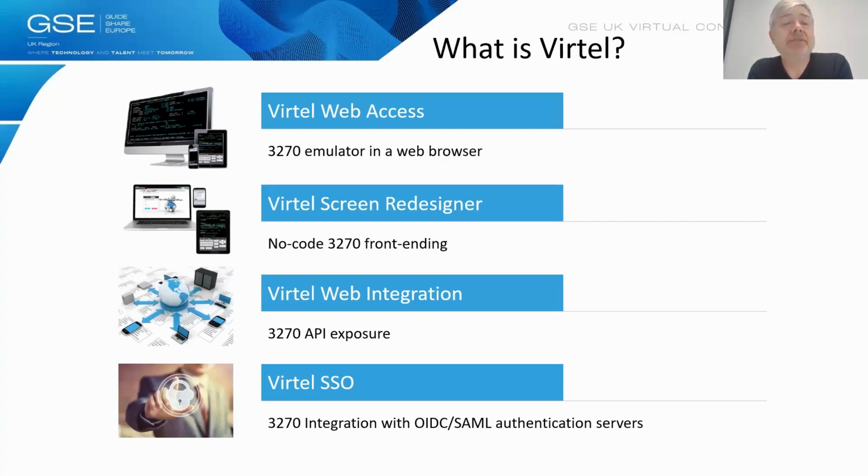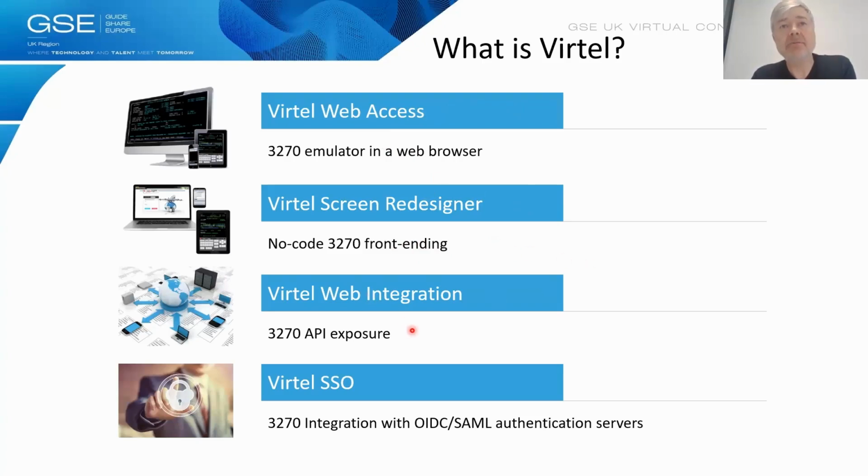Today, Virtel comes in four different components. There we are. There's Virtel Web Access, which is a 3270 emulator in a web browser. Virtel Screen Redesigner, which is what I'm going to be talking about today, which is the front-ending part of the 3270 emulator to have a proper web interface.